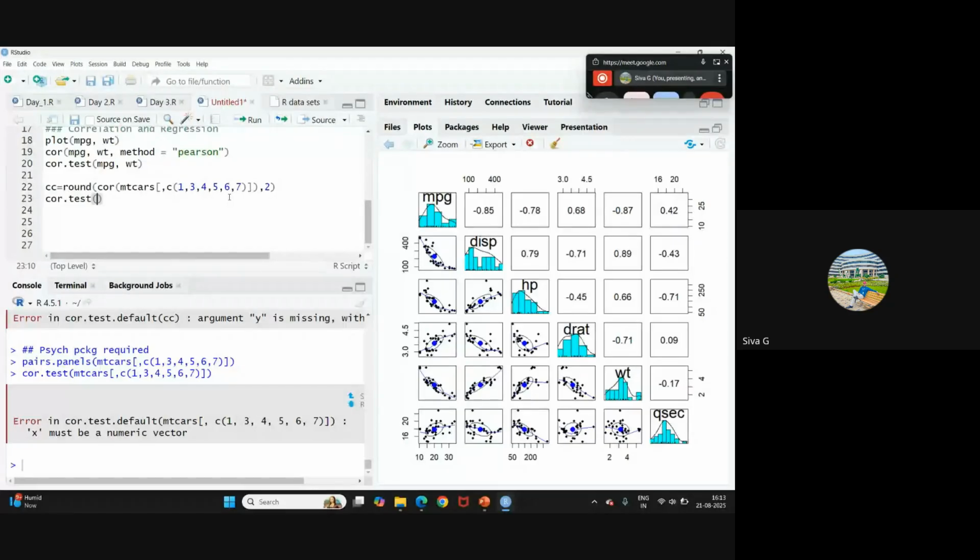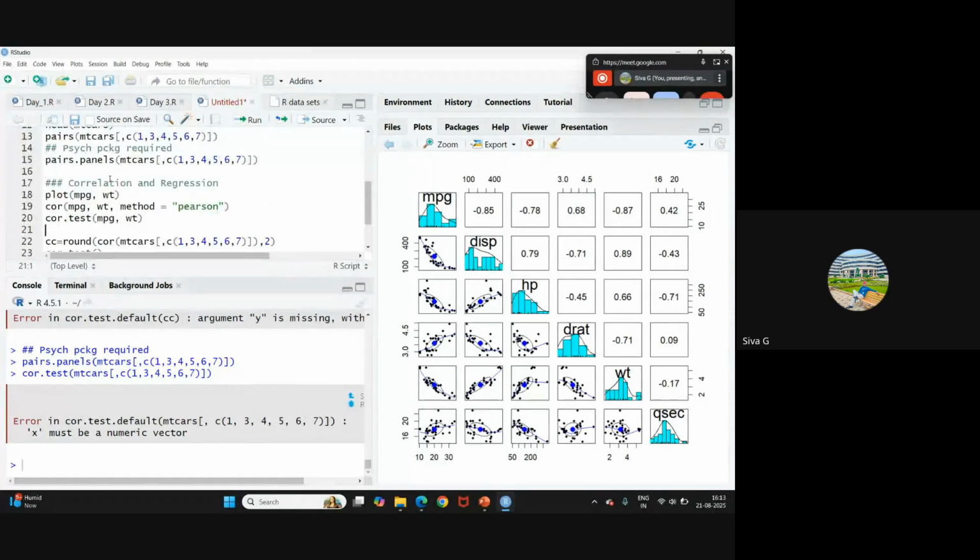ggplot will be useful. Instead of pairs, I will use ggpairs. See, I'm typing ggpairs, but the command is not showing any suggestions.